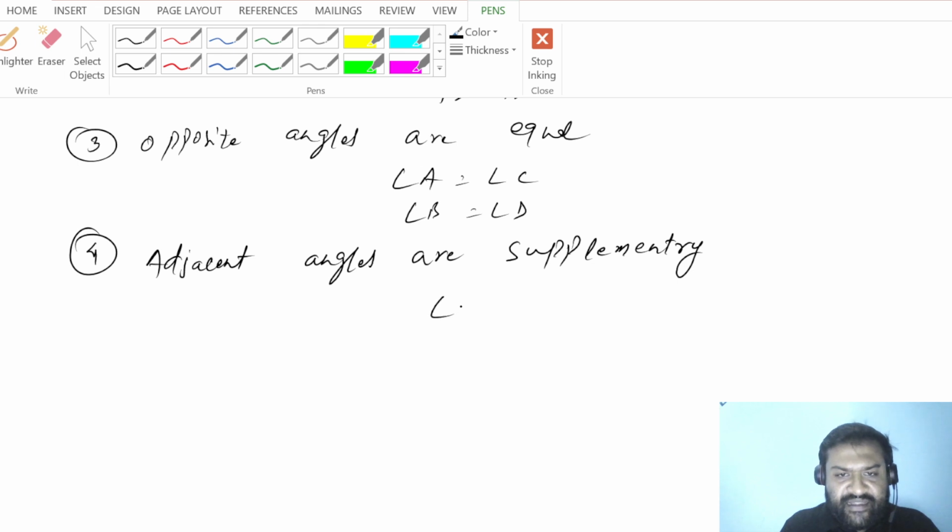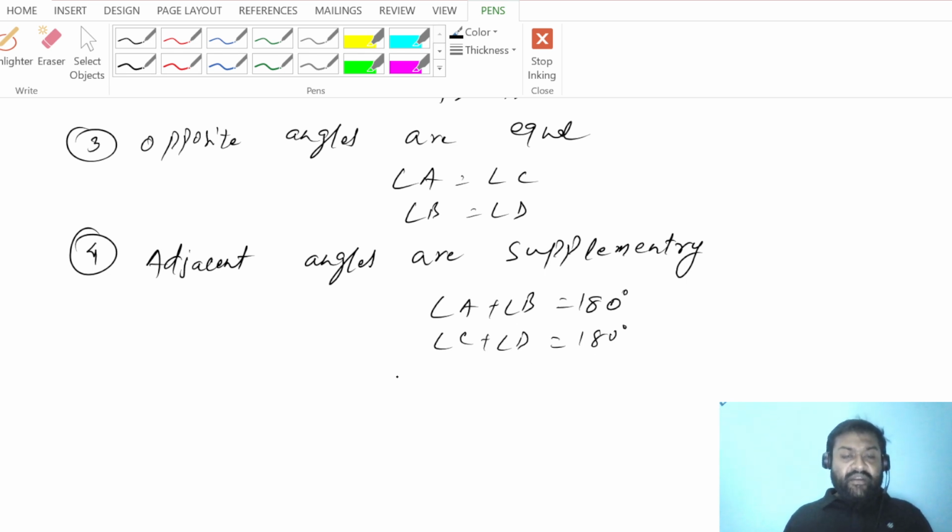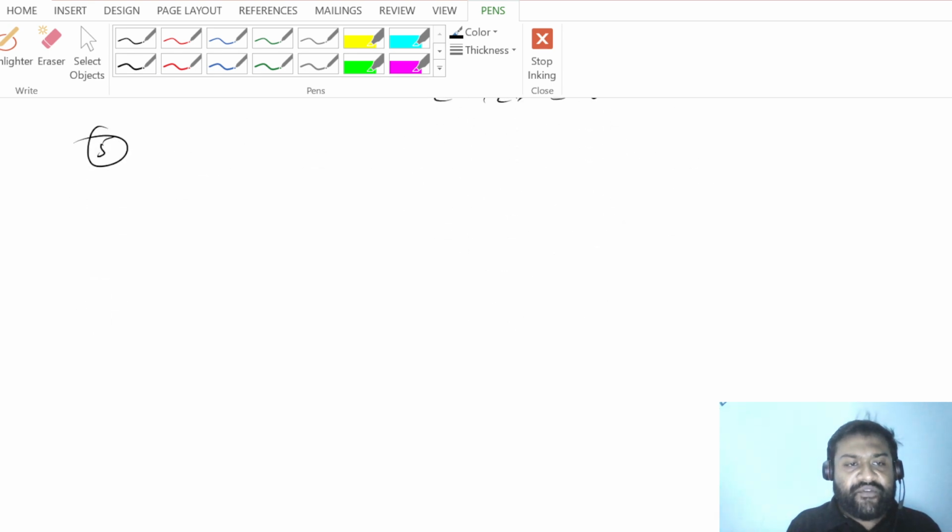Supplementary. That is angle A plus angle B is equal to 180 degrees, and angle C plus angle D is equal to 180 degrees. These are supplementary.